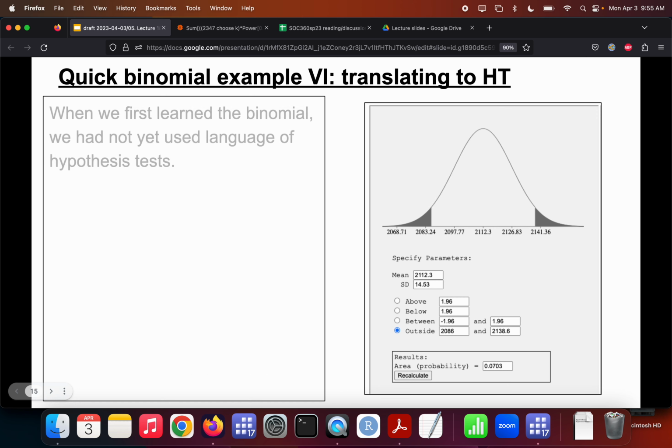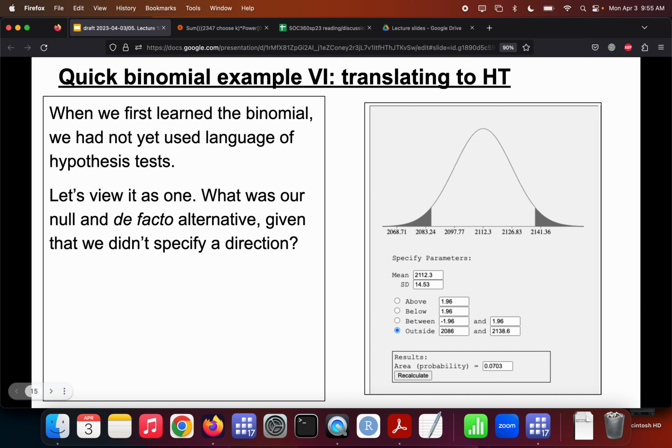We can also translate this to a hypothesis test. When we first learned the binomial, we hadn't yet used the language of hypothesis tests, but let's view this as a hypothesis test. So what was our null and what was our de facto, or actual, alternative, given that we didn't specify a direction? Our null was that pi is equal to 0.9. Our alternative was simply that it's not equal to 0.9.